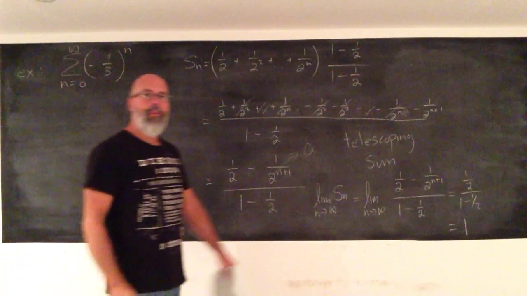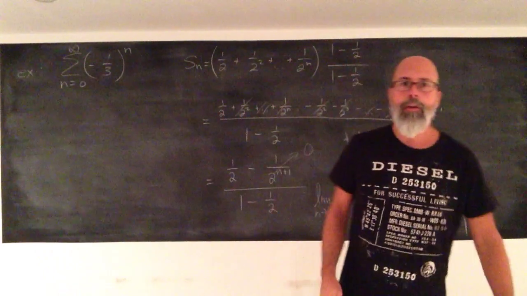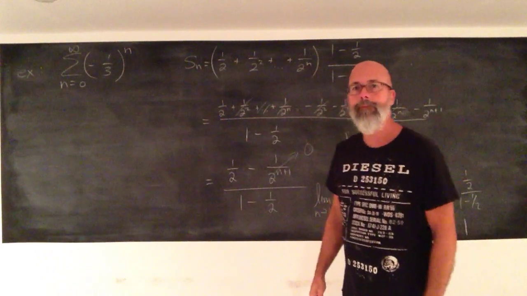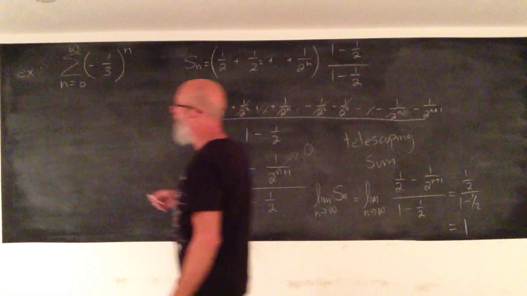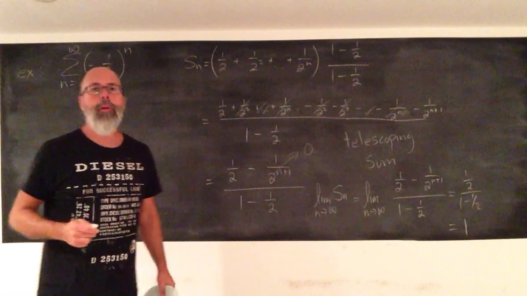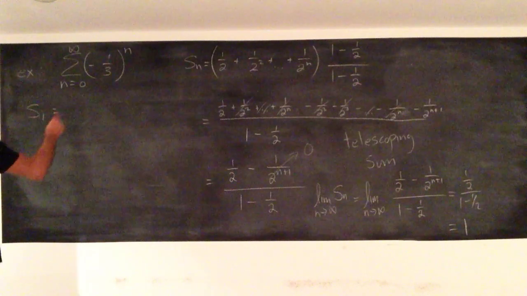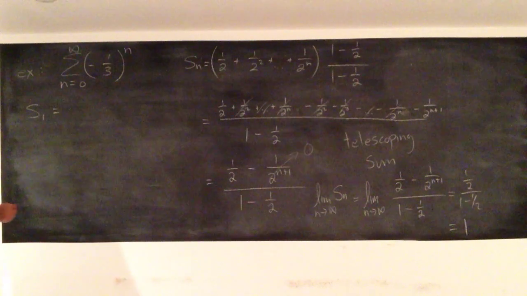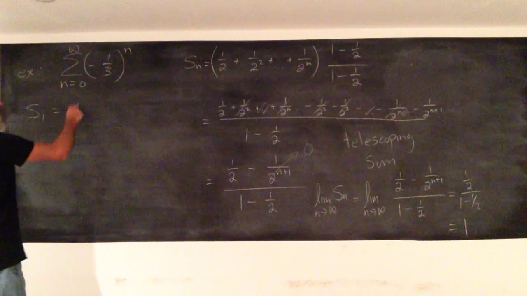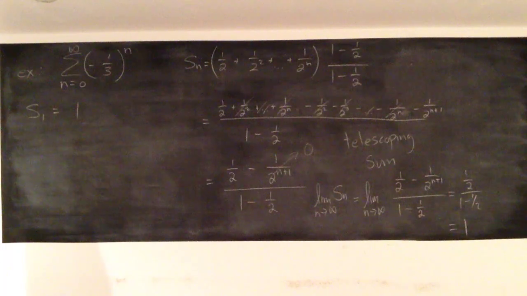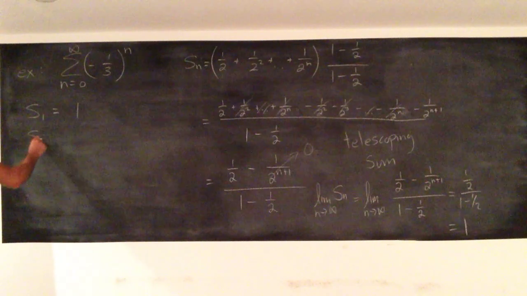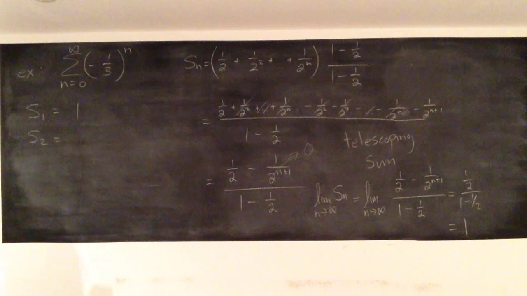Consider the series of negative 1/3 to the n. We're going to work out the sequence of partial sums again. S1 is the first term, which in this case is 1. S2 is the sum of the first two terms.